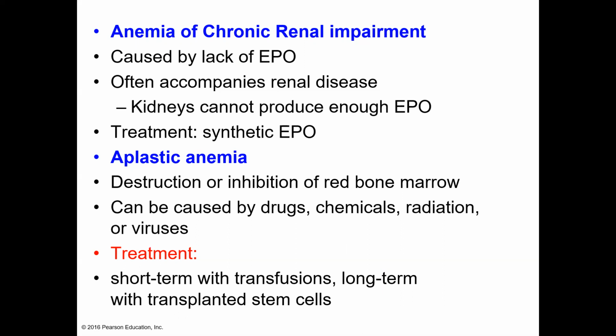This can be temporary or permanent. Some medications, some antibiotics, good examples are chloramphenicol or tetracycline, or even some forms of macrolides, septrins, Bactrim. All these types can cause transient inhibition or transient depression of the bone marrow, and that can lead to aplastic anemia.